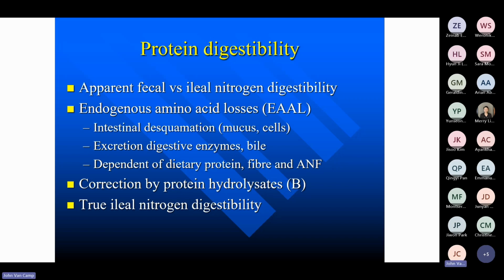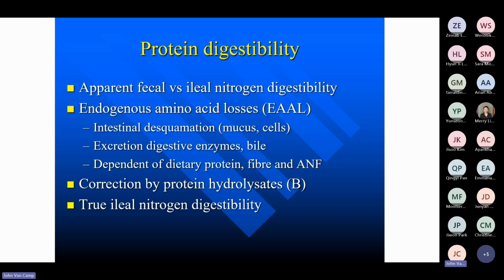You can measure that by looking at the feces, then we call that a fecal digestibility, or you can look at the ileum, which is actually the last part of the small intestine, just before you go into the colon. And you can just take a sample there from the GI tract.